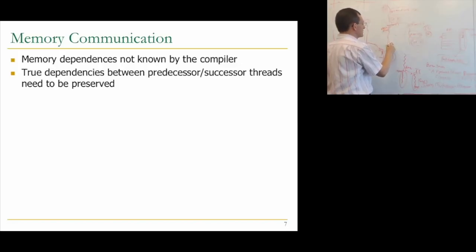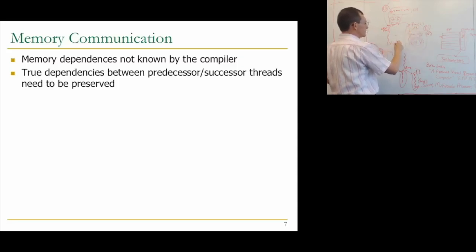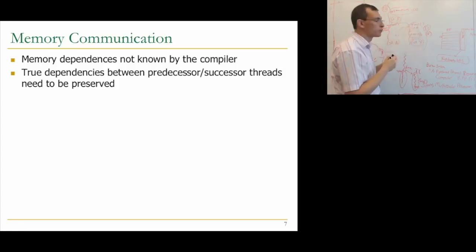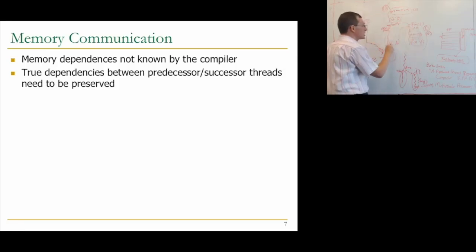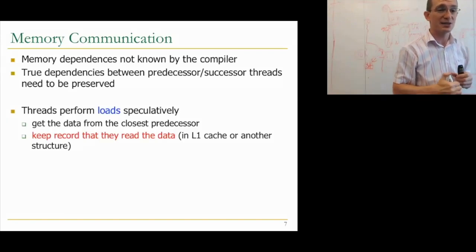And similarly, there may be stores here and loads here, and you need to know if this store A is overlapping with this load B, because it may be that you don't want the store A done before the load B if they're actually overlapping with each other, because this is from a logically later part of the program. Right? So you need to preserve the dependencies, obey the dependencies.